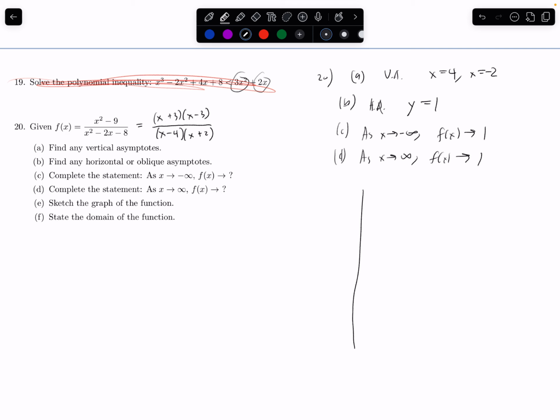Okay, so now we're going to go ahead and graph. Starting with asymptotes, let's plot those. So positive 4, 2, 3, 4. And then negative 2, 1, 2.